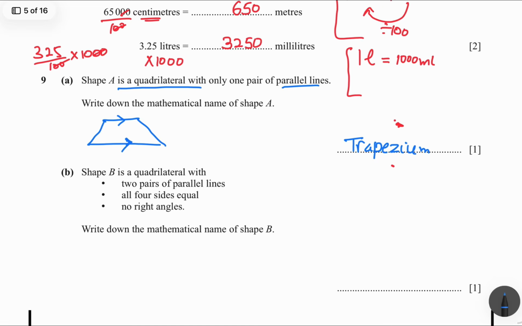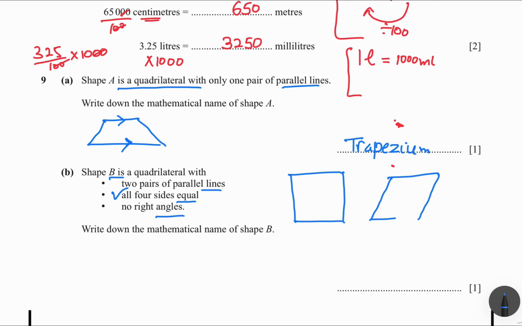Now shape B is a quadrilateral with two pairs of parallel lines. All four sides are equal, no right angle. Now with all four sides equal we have only two quadrilaterals. One is a square, another one is a rhombus.